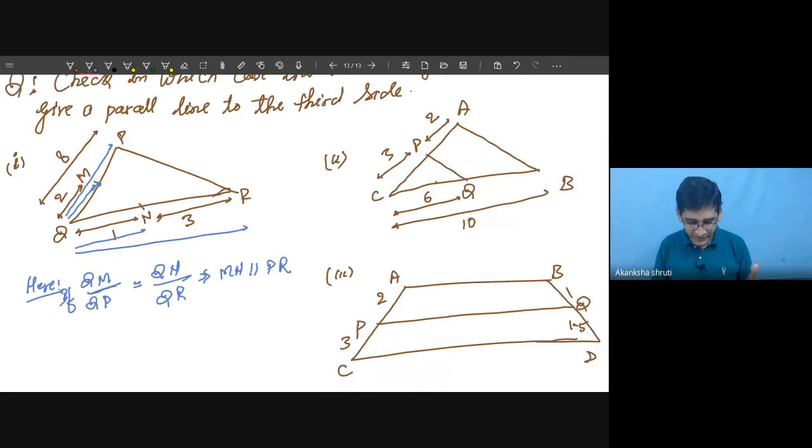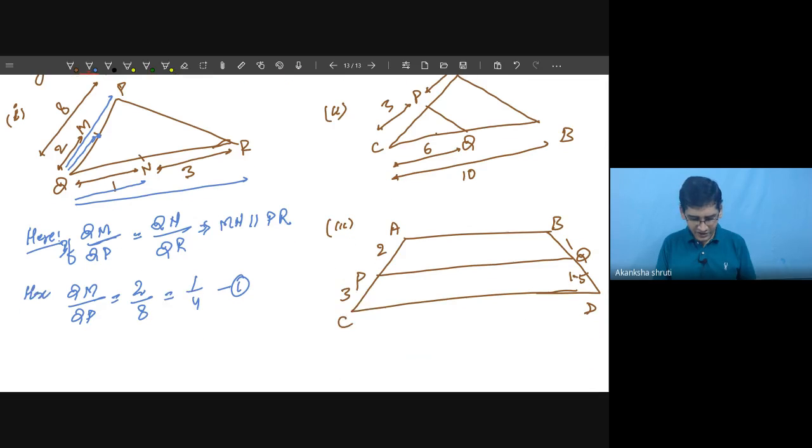Now we have to check whether QM by QP is equal to QN by QR or not. So calculate this. Here QM by QP, already given, 2 by 8, it is like our 1 by 4. Also take the other ratio, QN by QR.